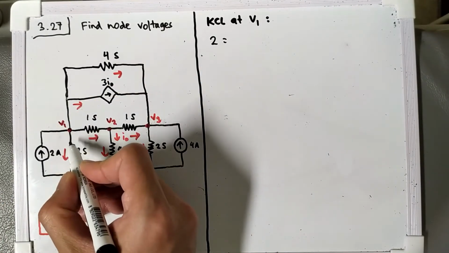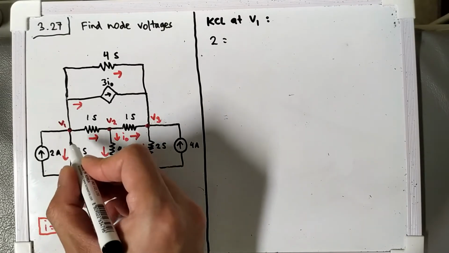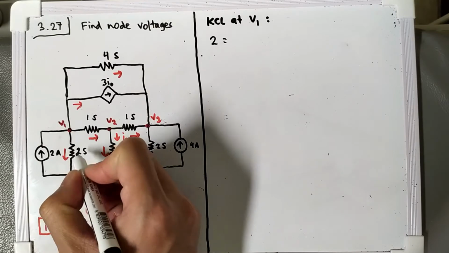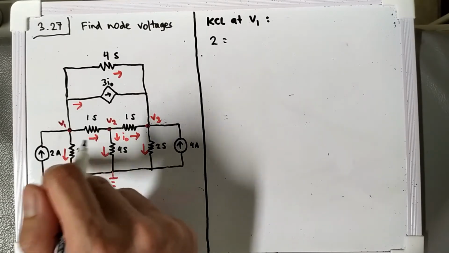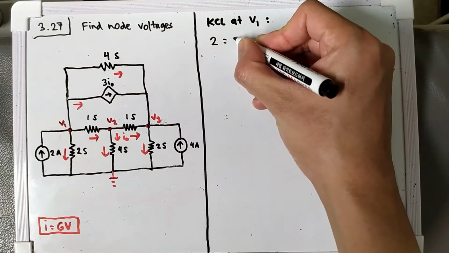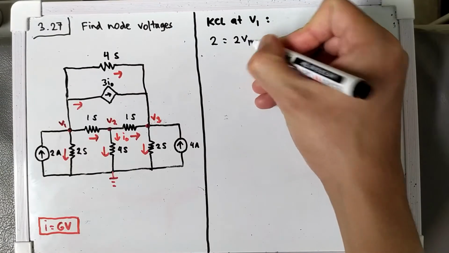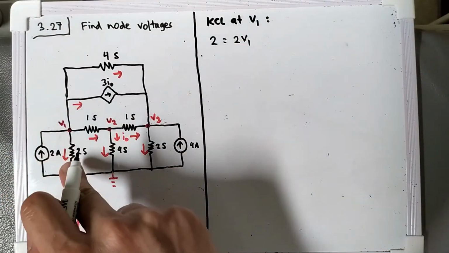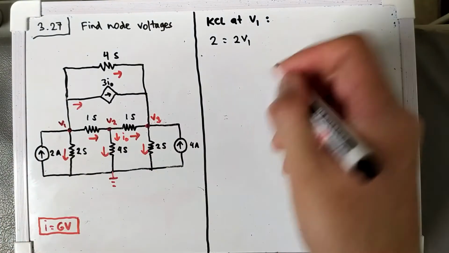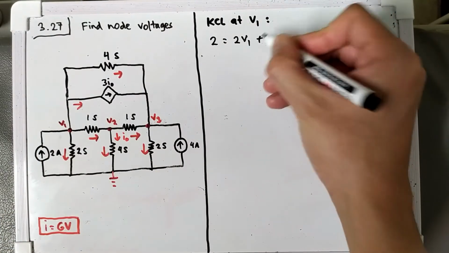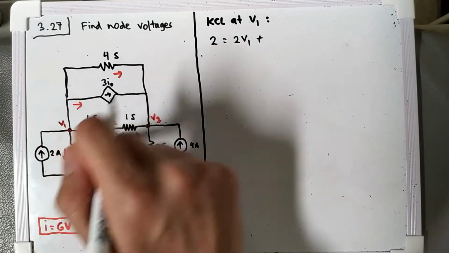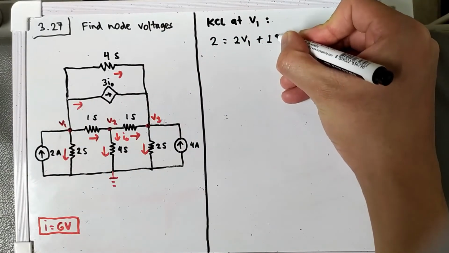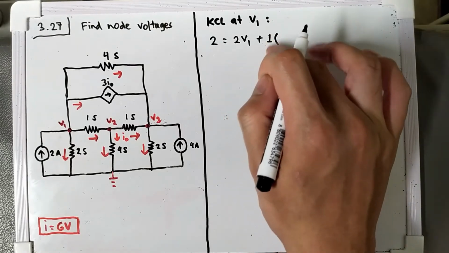For this one, I will use V1 divided by this resistance, but this is not resistance but conductance. So we will have 2 V1, not V1 divided by 2, but V1 multiplied by this one, and then plus this is 1 Siemens, so we don't need to write 1.